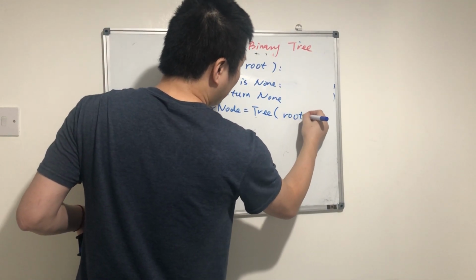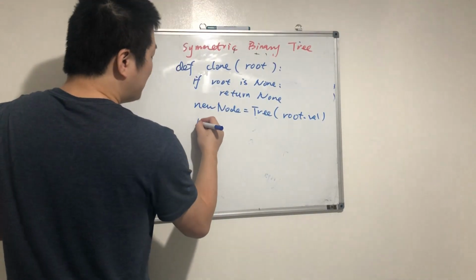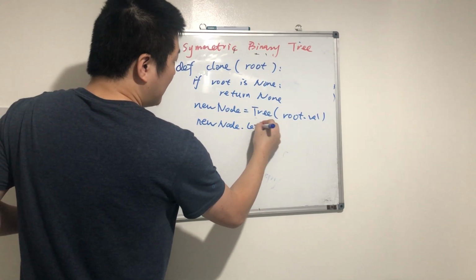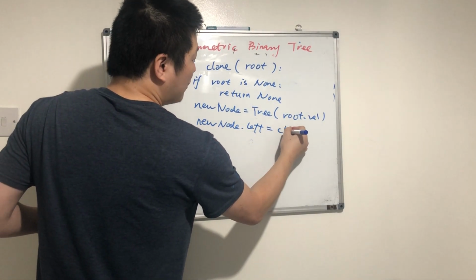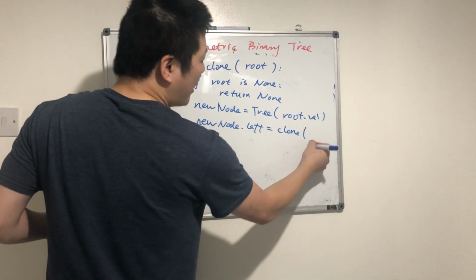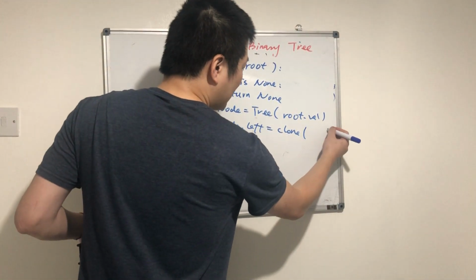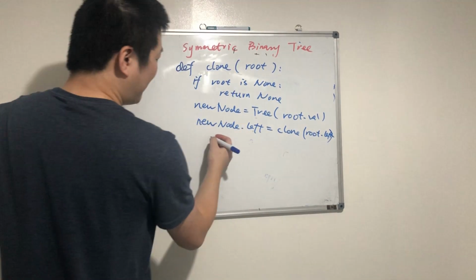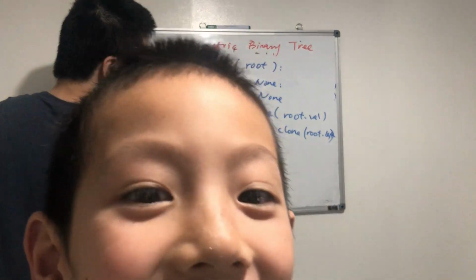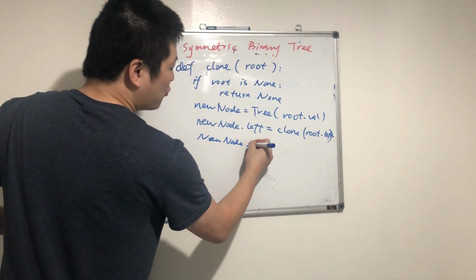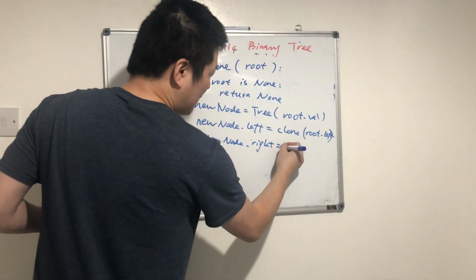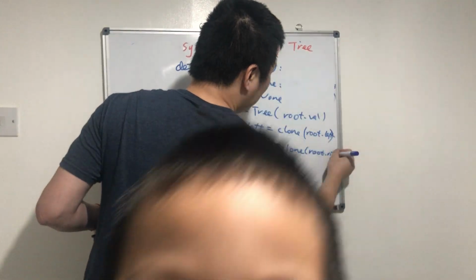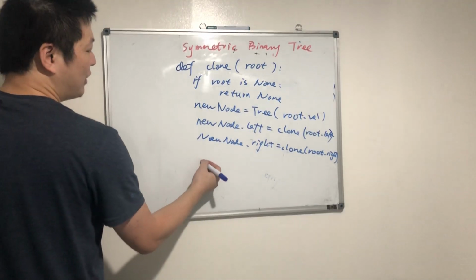Then node dot left equals what? Clone, calling itself, cloning the left tree. Clone root dot left, because we are cloning root dot left. And then new node dot right equals what? Clone root dot right. Well done. Very clever. The next one.